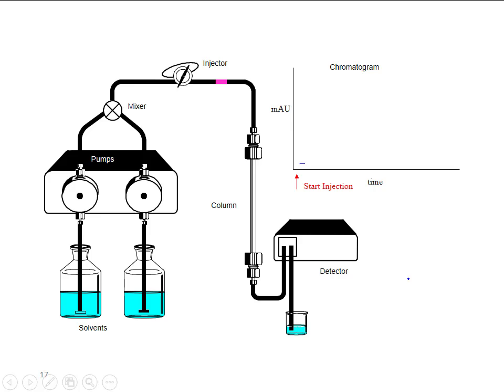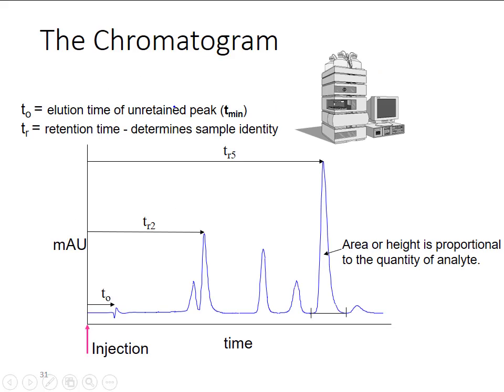Here we see a sample injected, and as it moves through the column, it separates, and one compound comes off, then another, another, and another. The result is a chromatogram in which each of our components, in this case, a collection of carbohydrates, 1, 2, 3, 4, 5, and 6, are separated.